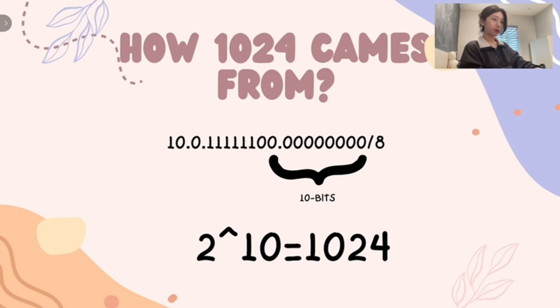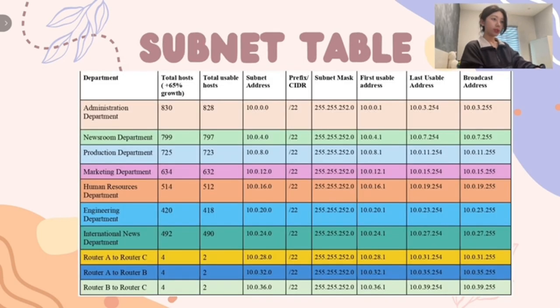To make the number of hosts sufficient for the hosts needed by the administration department, we have to reserve 10 bits to the host portion, so 2 to the power of 10 will be equal to 1024.